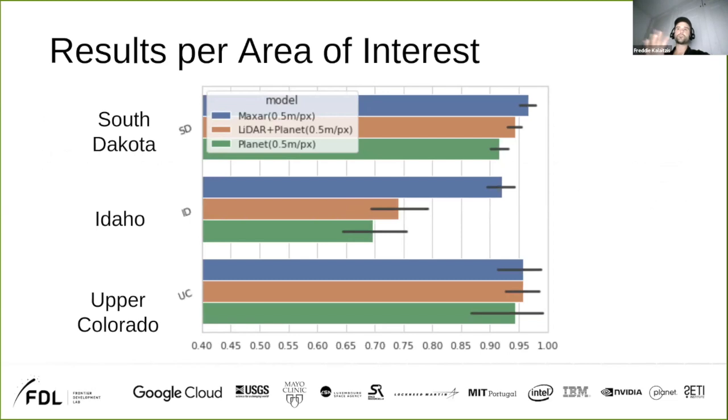Now I'm going to show you a breakdown of the earlier chart, but now per AOI. And this is quite important, because some AOIs are harder than others. Harder in what sense? Think about the shape of the land: in some cases there are many hills that cast elongated shadows, or very tall trees casting shadows.